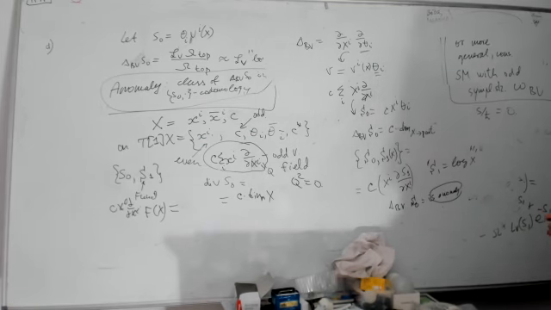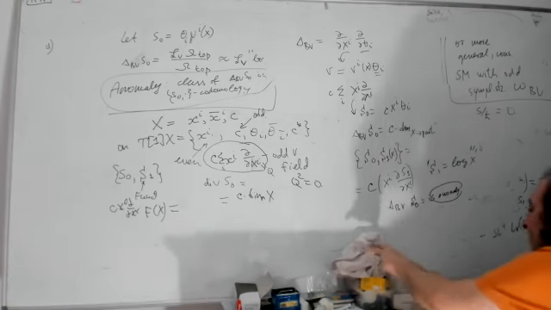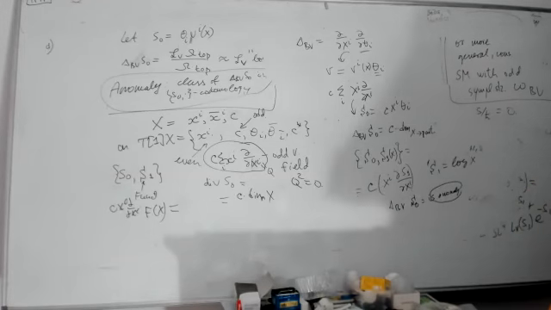I'm trying to consider this theory very seriously, and there are reasons for it. In particular, using this Fourier, I will show you the proof of one of the formulas that I like.